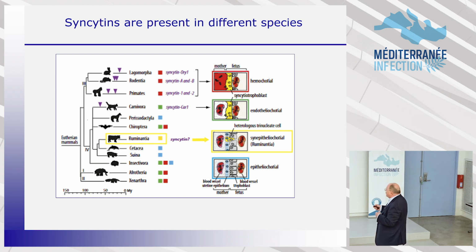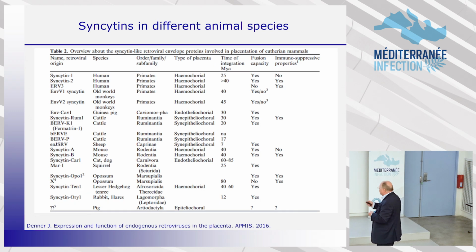Interestingly, in pigs, they have a different placenta. At the moment, nobody was searching for syncytin, and the question is open whether they have or whether they need or not.